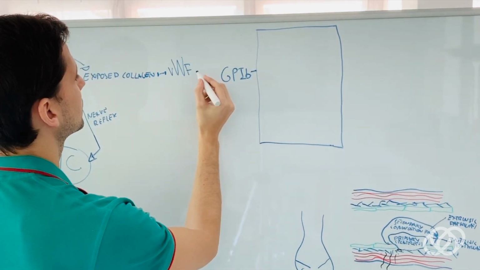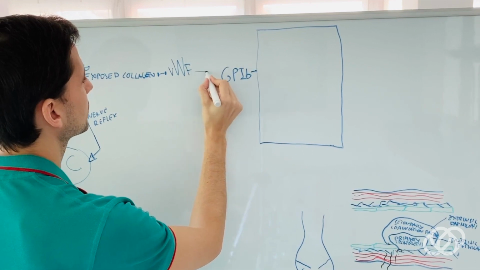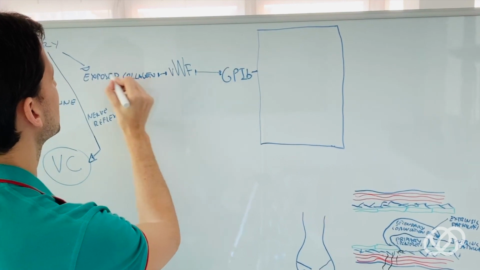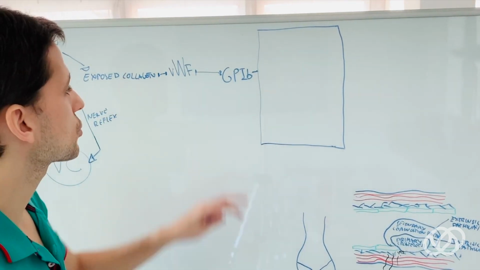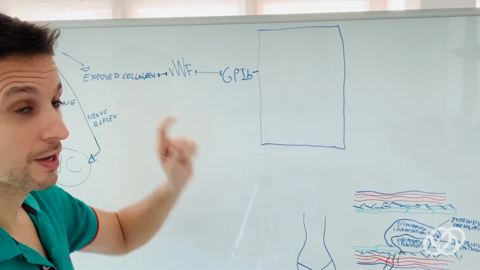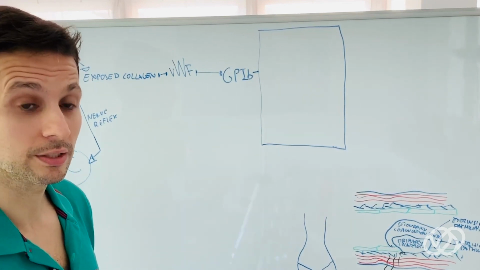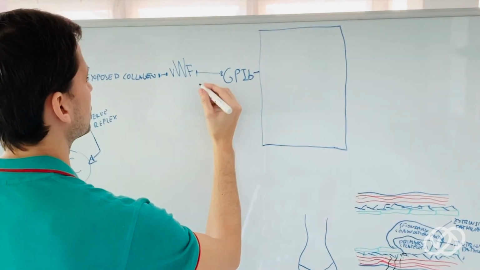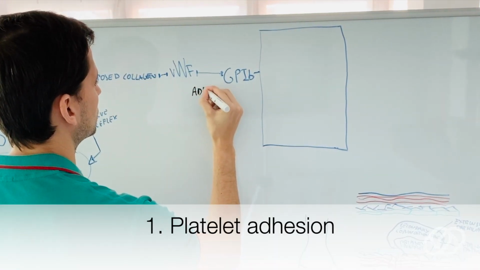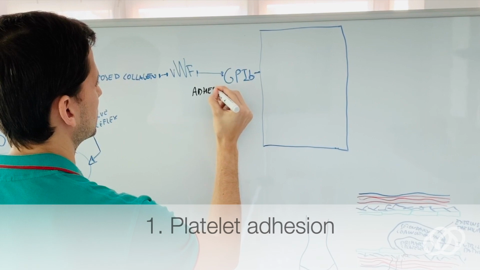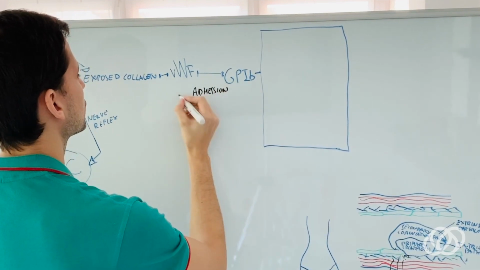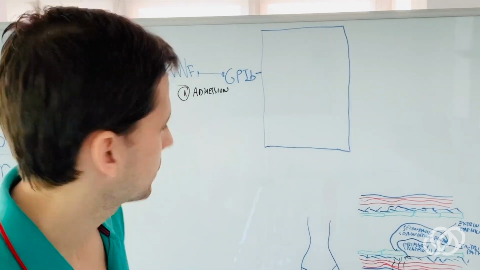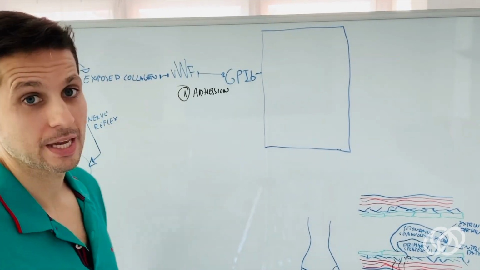When it can get in contact and attach to the von Willebrand factor that is already attached to the exposed collagen, it will be the first phase of the primary hemostasis that is called the adhesion. The adhesion is the first phase of the primary hemostasis.